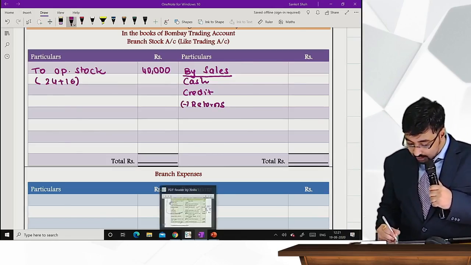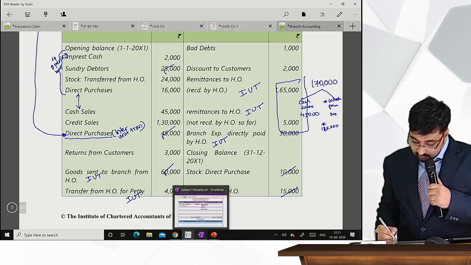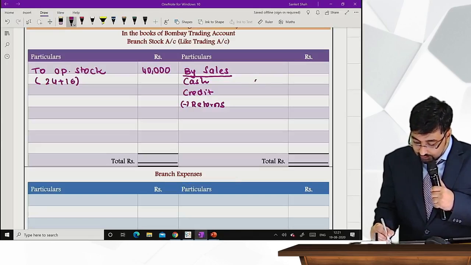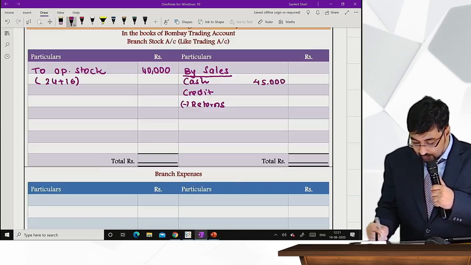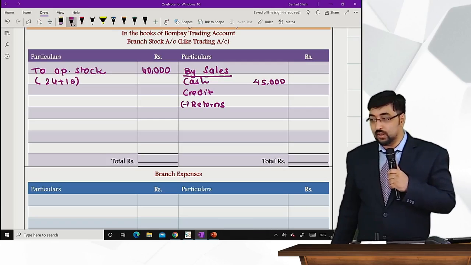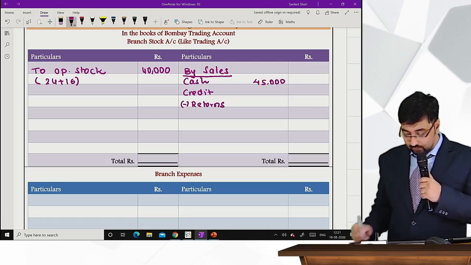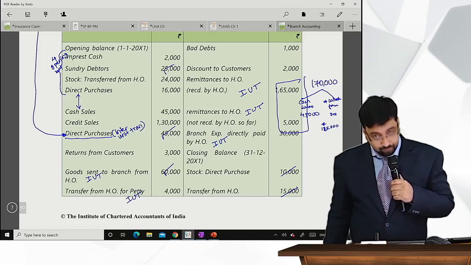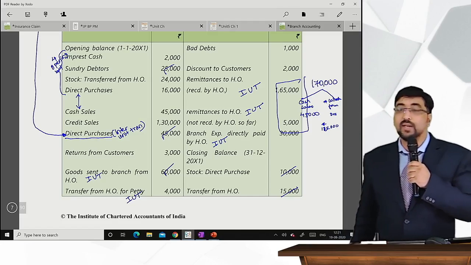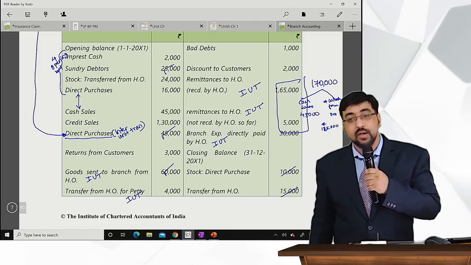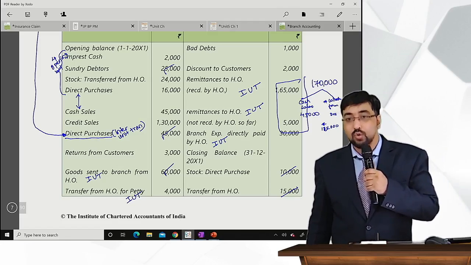So for cash, you will write 45,000 in the inner column, 45,000 in front of cash. Credit sales. What is the entry? Think from the angle of the branch. Debtors account debit to sales account.